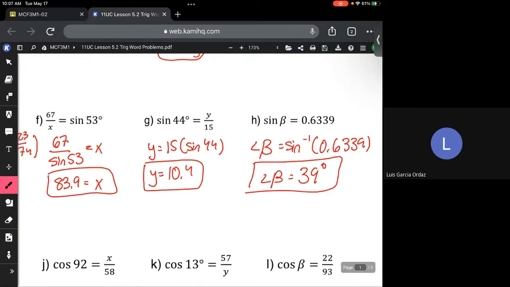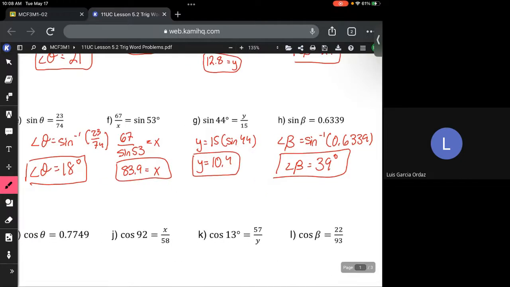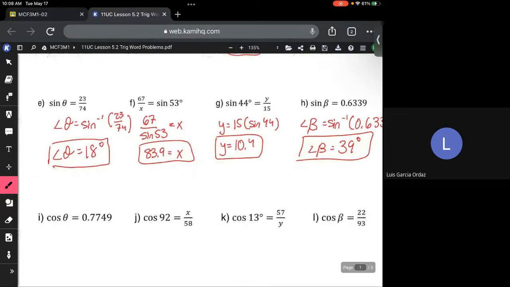Would it be fine if I put 84? For sides, you always round to one decimal place. If you're doing angles, it's always to the nearest whole number. So for angles, you're going to round to the nearest whole number.